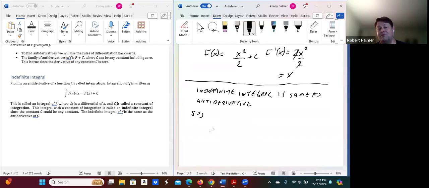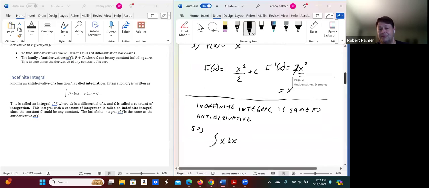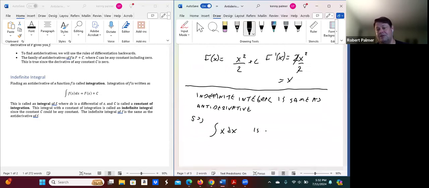So, for example, what I just did, if you see this integral symbol, this kind of curved one that looks a little bit like a really stretched out S, x times dx, this is exactly the same thing we just did, the antiderivative of x. And that's just going to be, as we just saw, x squared over 2 plus c.